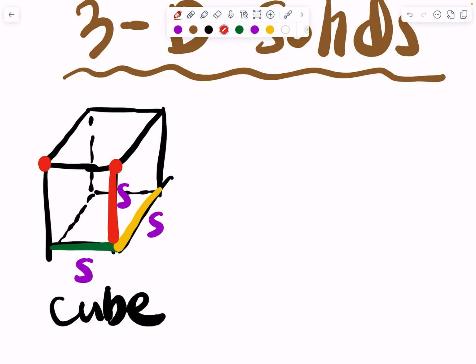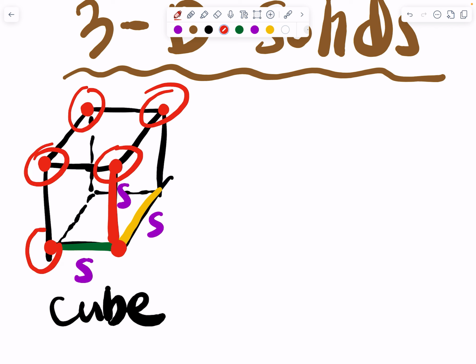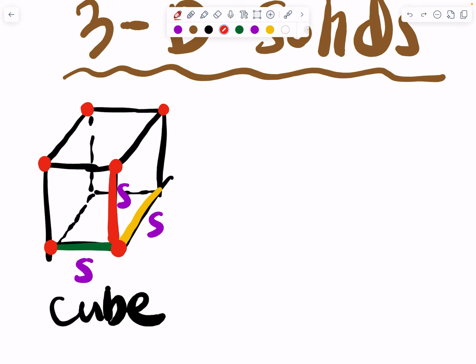1, 2, 3, 4, 5, 6, 7, and then 8. 8 vertices. Okay, and then edges. 1, 2, 3, 4 on the bottom.